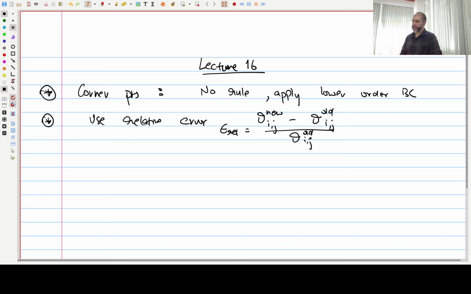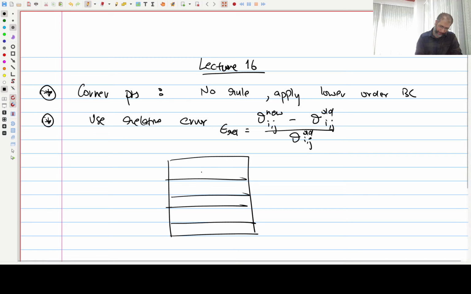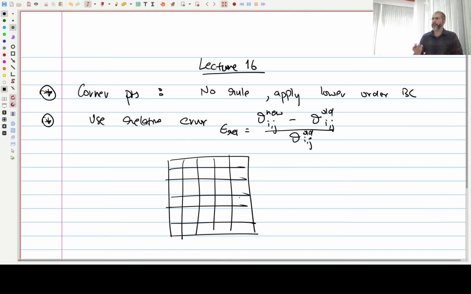The answer is yes. The first thing is if you think in terms of how you programmed, how we wrote the loops. For the problem that was given in the lab, it was a Dirichlet boundary condition on all boundaries, so we were only updating the interior points.